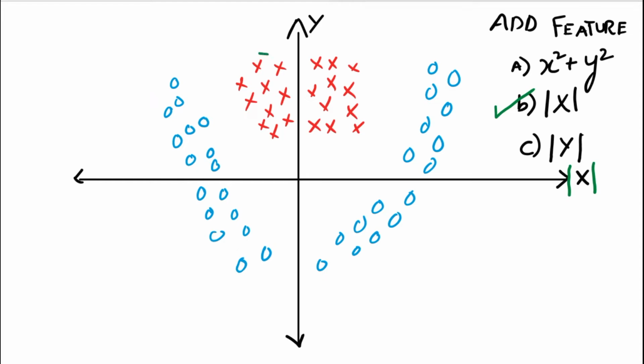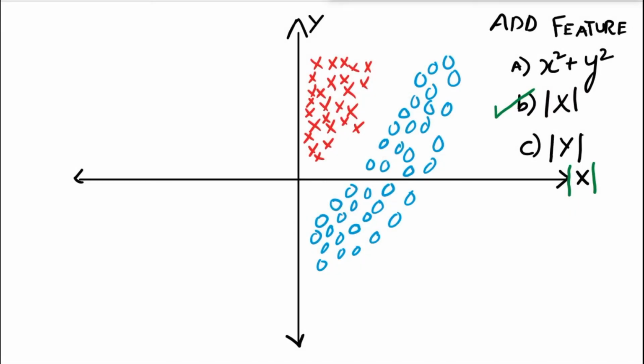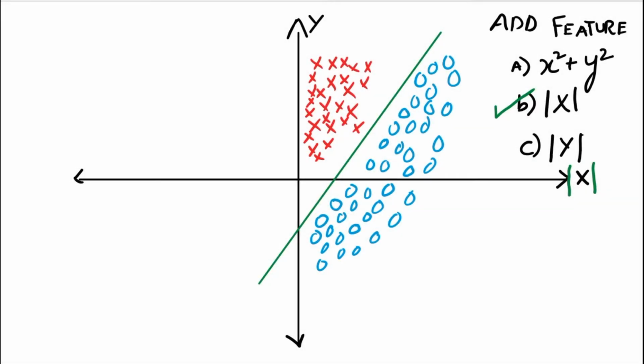So this point in particular over here becomes this point here, and this point over here becomes this point over here. So this is how it looks if you plot all the points in the absolute value of x coordinate system. You just flip them over, and if you look at this diagram, what you find is that there is now a beautiful, perfect, linear separation.